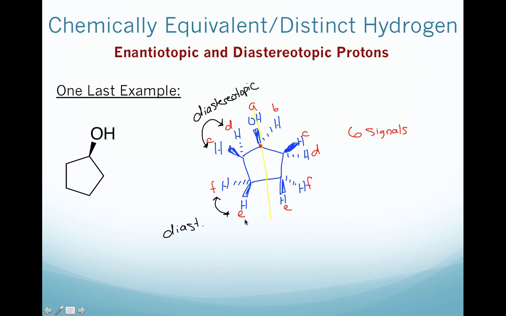Now, if you wanted to compare proton types, let's just do E for example, and you did the replacement test, you would find that these two would give rise to a pair of enantiomers. So E and E are enantiotopic, hydrogens F are enantiotopic, hydrogen C and hydrogens D are pairs of enantiotopic protons.